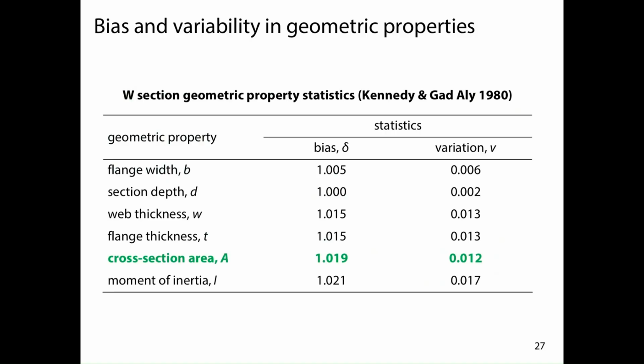And so if we look at cross-sectional area, for example, we just use that to estimate the yield strength of the double angle sections. On average, we expect the area to maybe be 2% bigger than the 2,500, but there's some variation. There's a variability of about 0.012 relative to that area. If we have the strength, and we'll focus on yield stress here, on average, the measured values are slightly higher than the specified values.